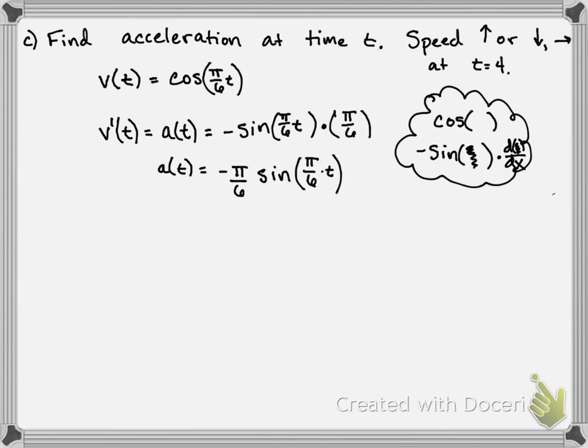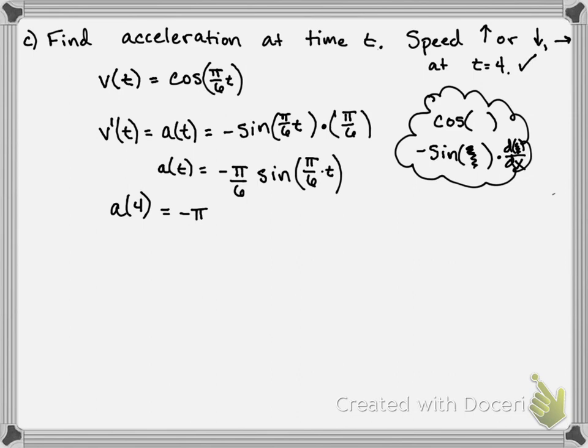Now, what the problem asks is something about the speed at a specific time. It asks for the specific time of t equals 4, correct? So we're going to take t equals 4 and plug it into our acceleration and see if we get a positive or a negative value. That's going to let us answer the question about the speed. So I'm going to plug in a at 4.